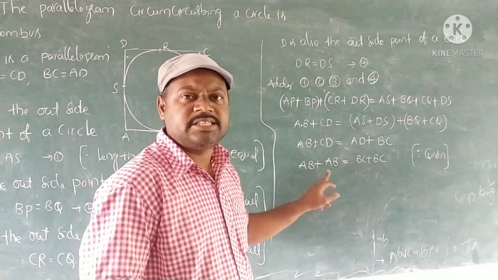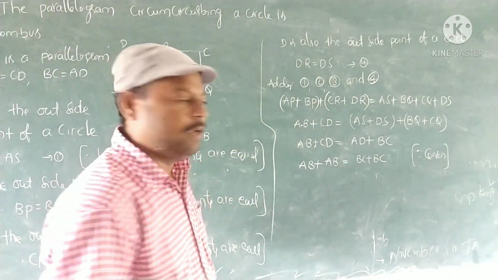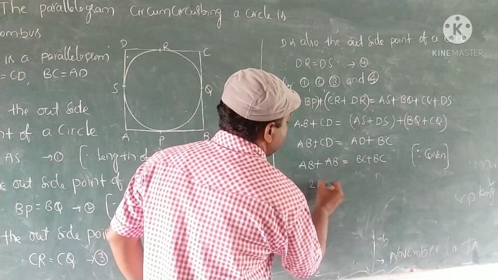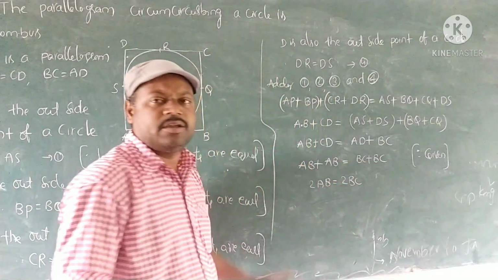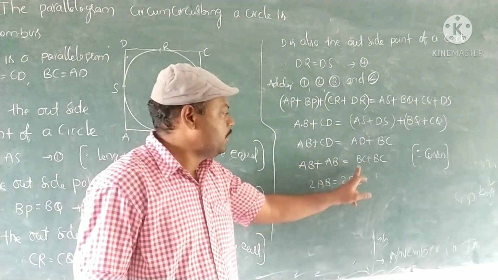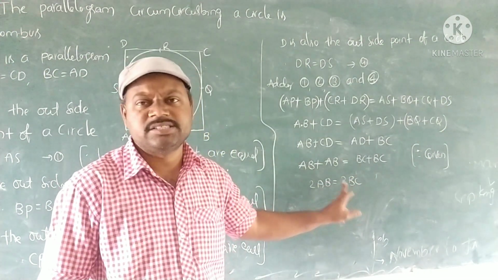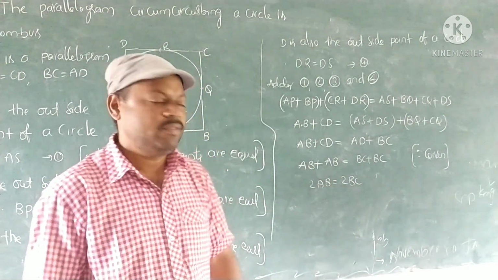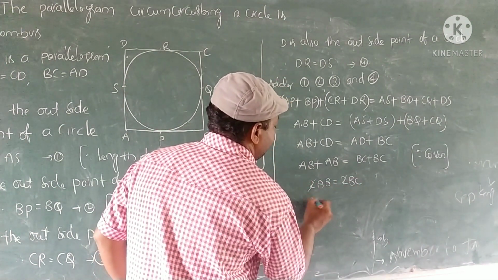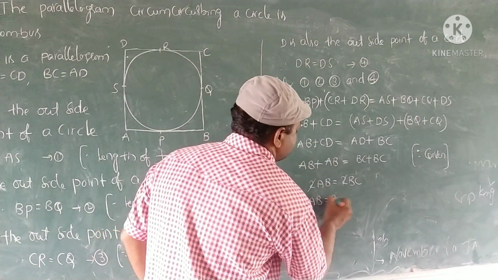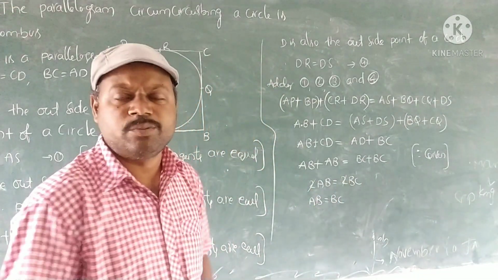So AB plus AB means 2AB, equals BC plus BC, which is 2BC. Both sides the 2 gets cancelled. So we will get AB equals BC.